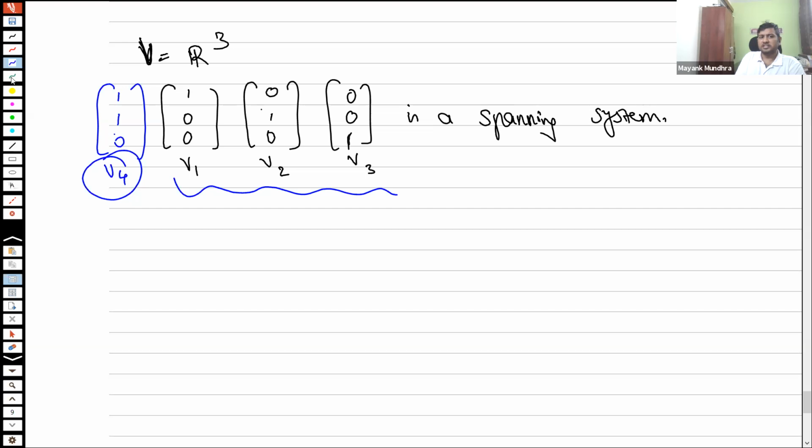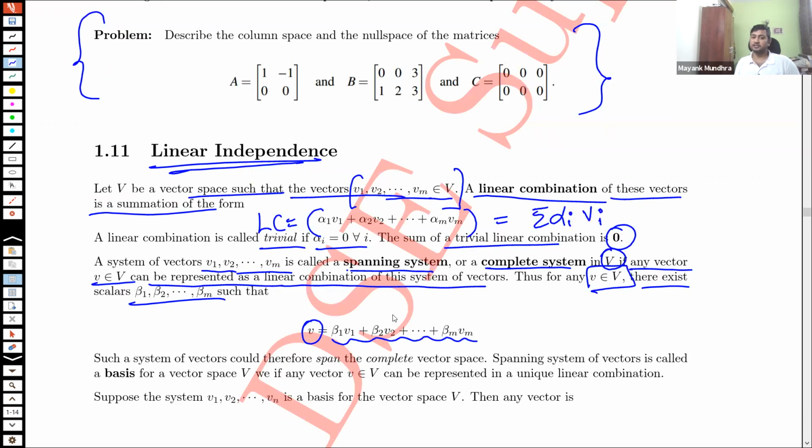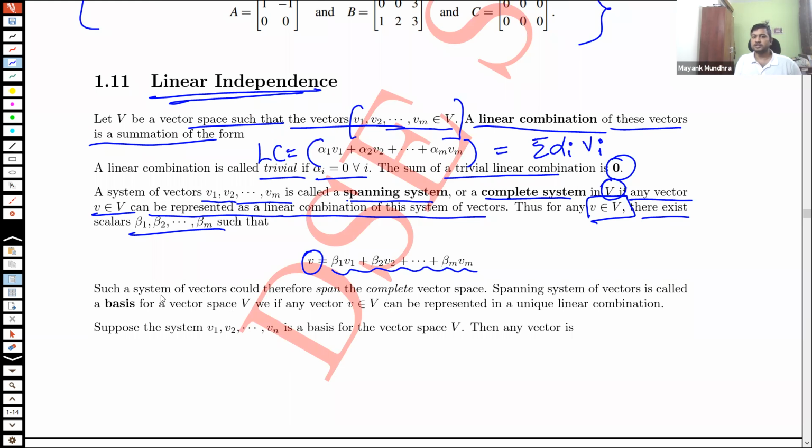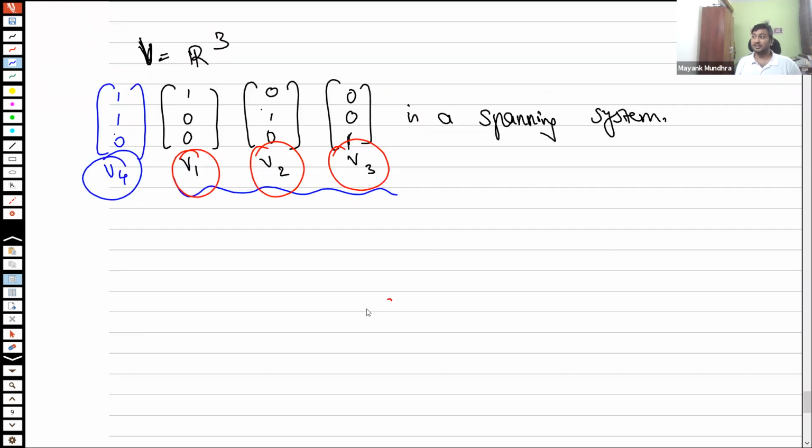So a spanning system is when the vectors together have the capability to reach any point in the entire vector space. Any point in the entire vector space can be reached using these vectors, so the vectors are called a spanning system. Such a system of vectors could therefore span the complete vector space. You can reach any vector.